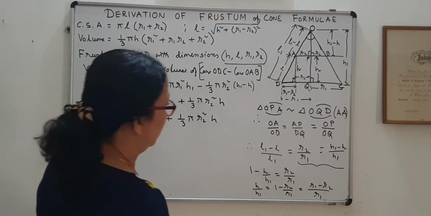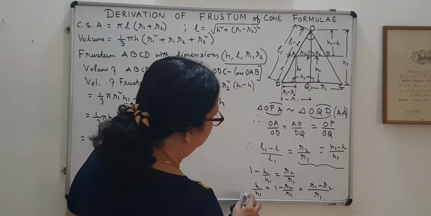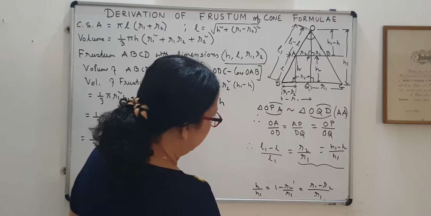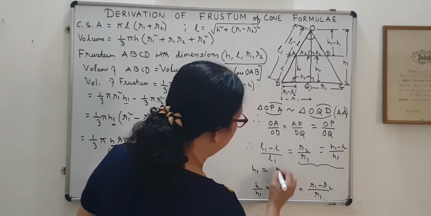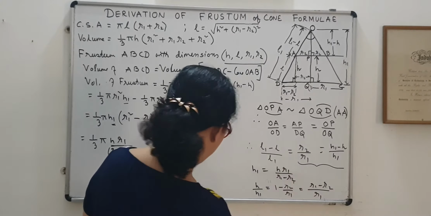Similar to this process only. So if I simplify, we'll be getting this. If I cross multiply, your H1 is equal to H into R1 by R1 minus R2.